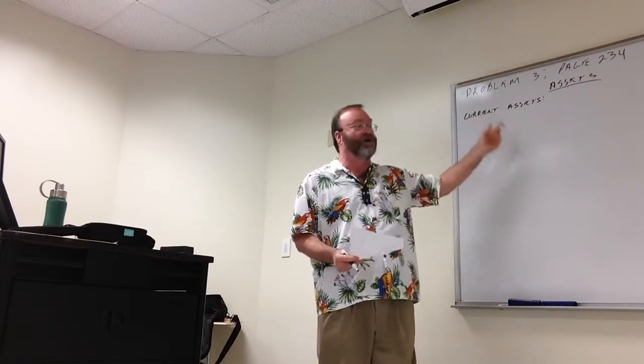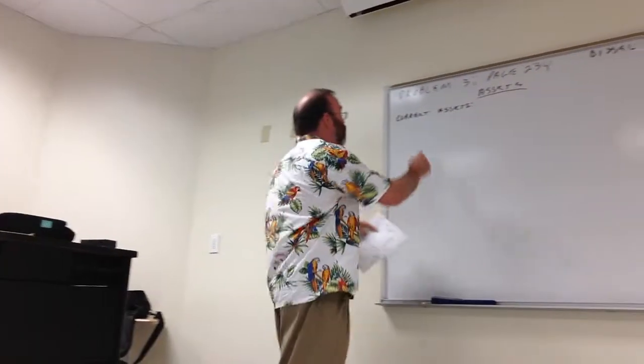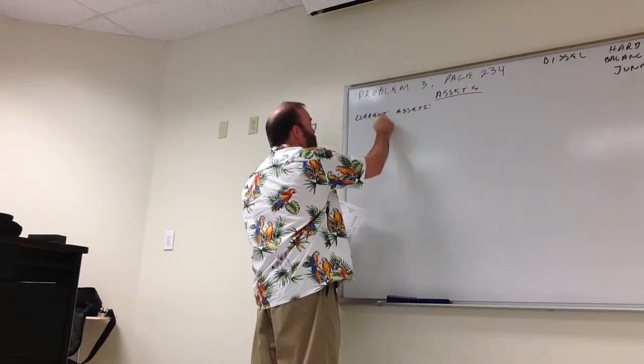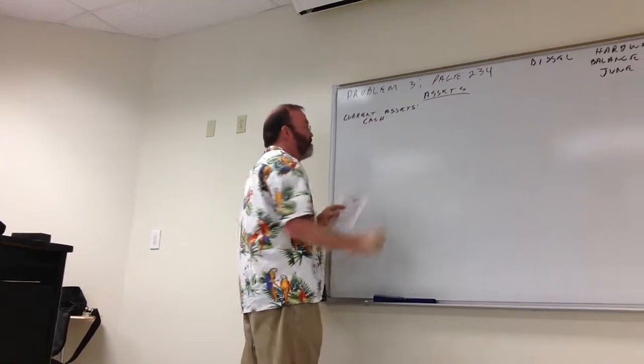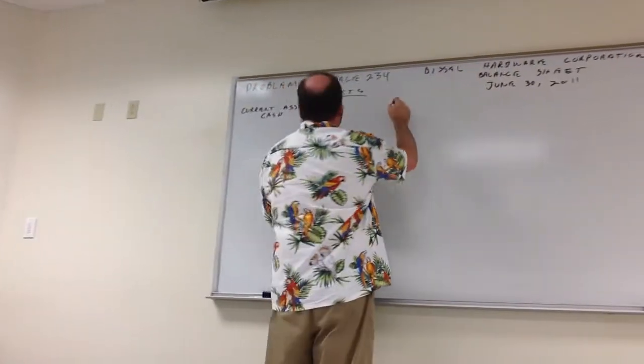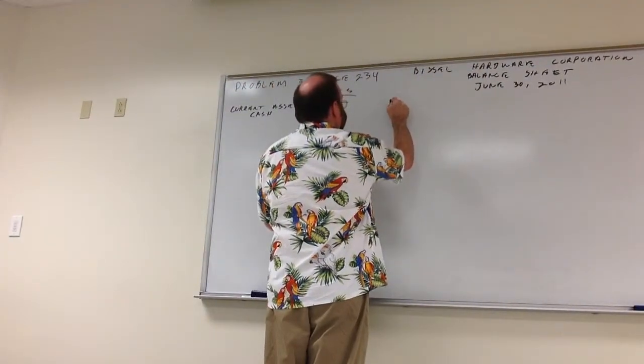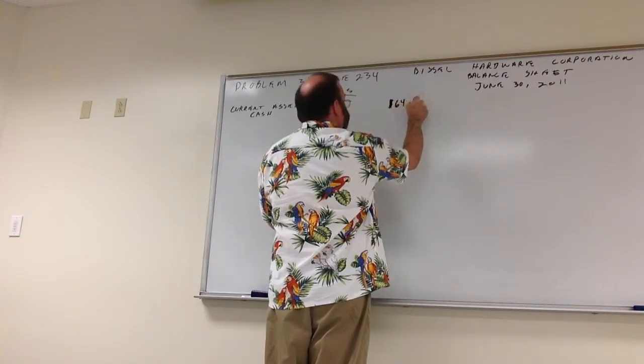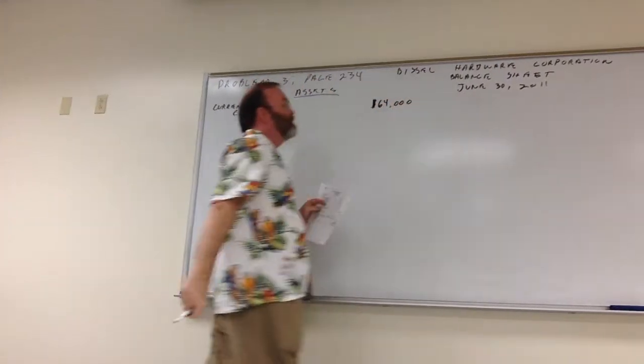The assets and current assets are ordered in order of liquidity. They're listed in order on how close to cash are they. Well, cash is already cash. So you're always going to start with that. And in this case, we have $64,000 in cash.